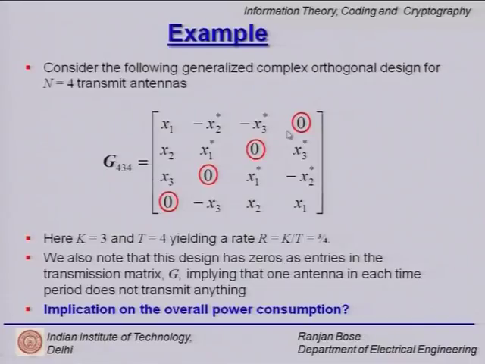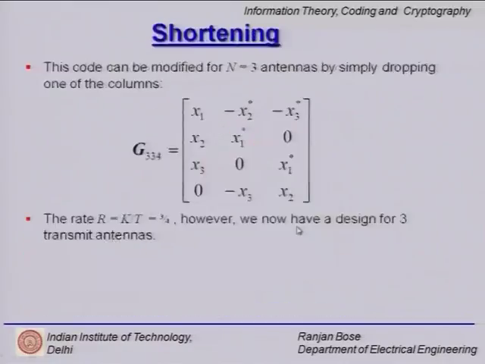So we just keep the last antenna element turned off across all the time slots. If you do so, you will get the following code matrix. Now, again, what have we gained? We are again transmitting x1, x2 and x3 using 4 time slots. So the rate has not changed, but magically now we have a design for 3 transmit antennas. Is it orthogonal? Sure.